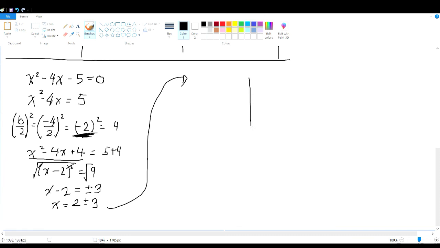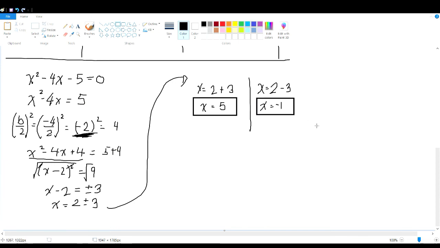X now is equal to 2 plus 3, kasi sa kabila, 2 minus 3. So, you have x is equal to 5, and here we have x is equal to negative 1. So, these are the two values of x. That's your using completing the square.